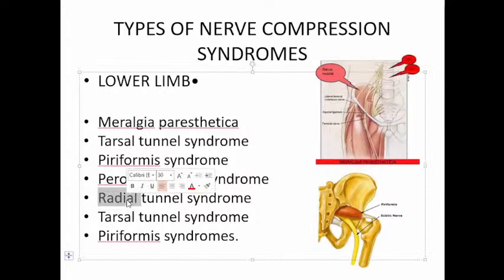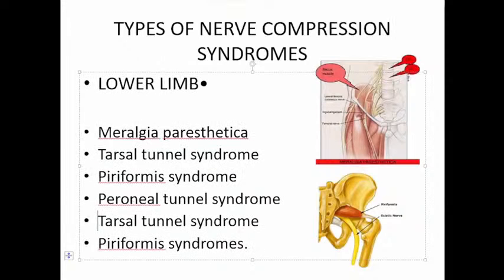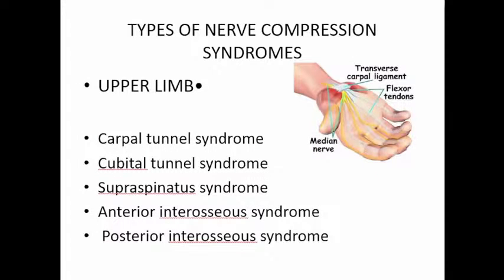The radial tunnel I've mentioned here will actually fall under the upper limb, because in radial tunnel syndrome the patient usually feels pain in the forearm and in the hand, due to pressure on the radial nerve. The radial nerve is in the upper limb, so that will fall under the upper limb, not the lower limb. Sorry for that error.